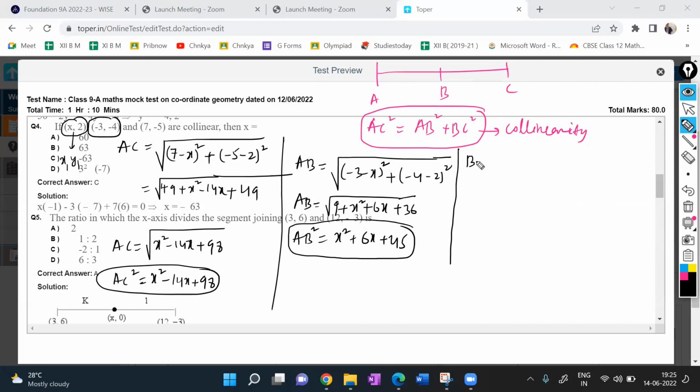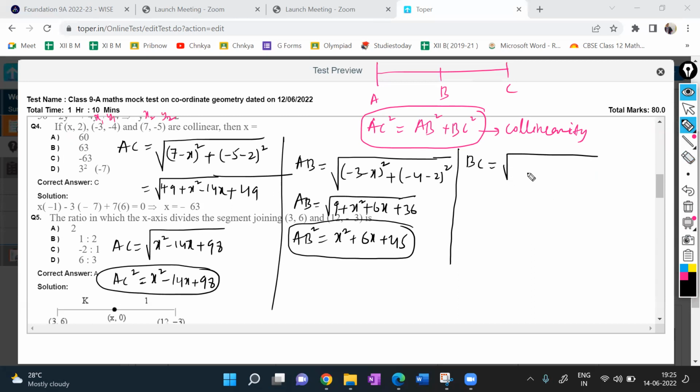What do we need again? BC. BC square, right? So let us find out BC. So let's write the coordinates: this is x1, y1, x2, y2.